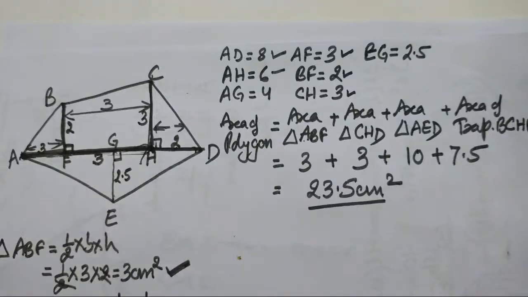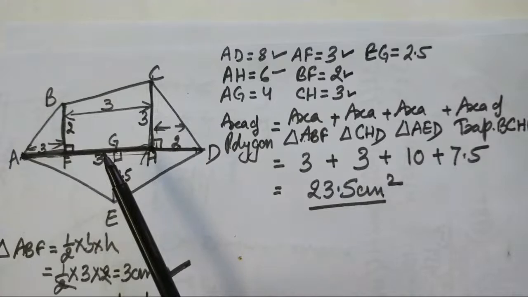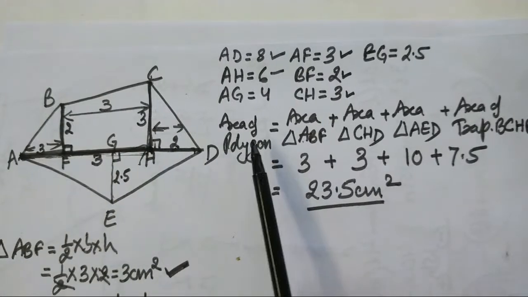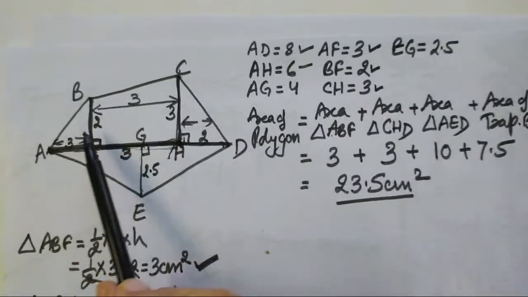This question may be given with a figure, or it may be given without a figure. But we will find the area of the whole polygon by dividing it into normal figures whose shape we know. So I have divided it into triangles.